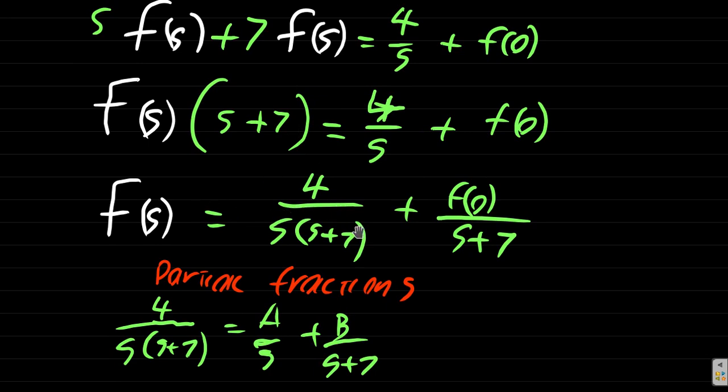And we got this. We had to break this part up into partial fractions because we don't have a Laplace transform of a number over s, open bracket, s plus 7, close bracket.